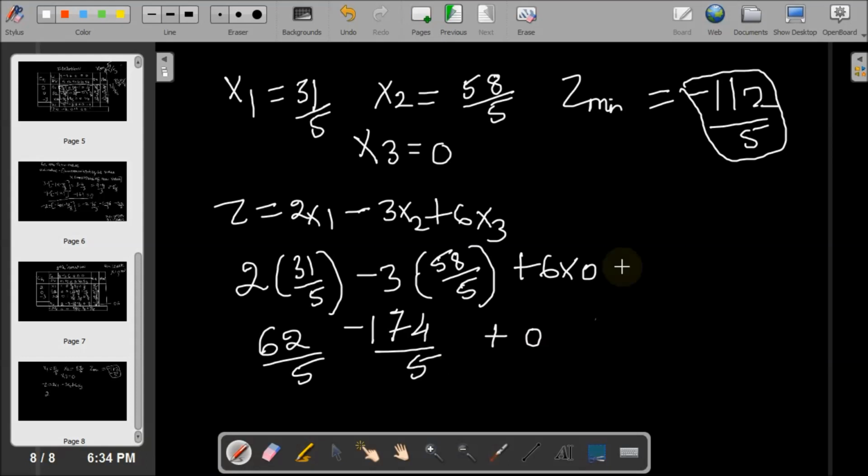Now if you calculate this, you will take the LCM, and you will get the value minus 112 by 5. You can see here, what was my optimal solution value? Where I got the optimal solution value, minus 112 by 5. Once I substitute these values of x1 and x2 in the objective function, I got the value minus 112 by 5. That means your solution is correct.